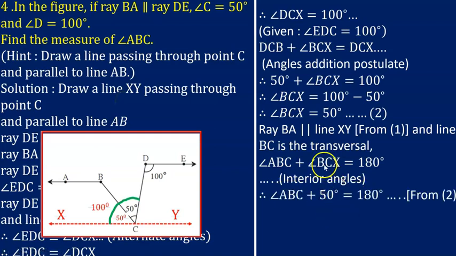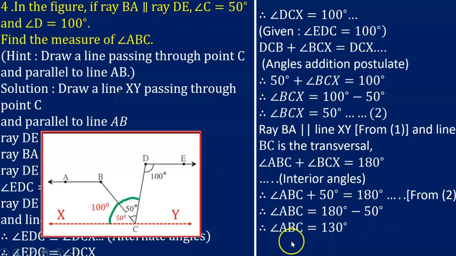But we know the measure of angle BCX is 50, and therefore the measure of angle ABC plus 50 degrees is equal to 180. Hence the measure of angle ABC is 180 minus 50, which is 130 degrees, and hence we have calculated the measure of angle ABC.